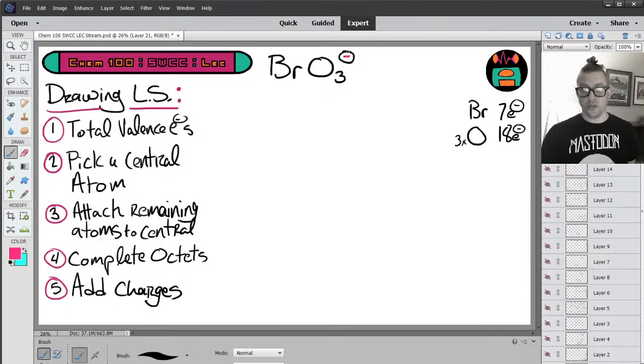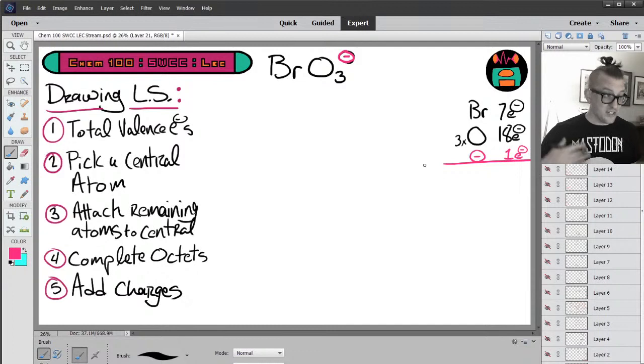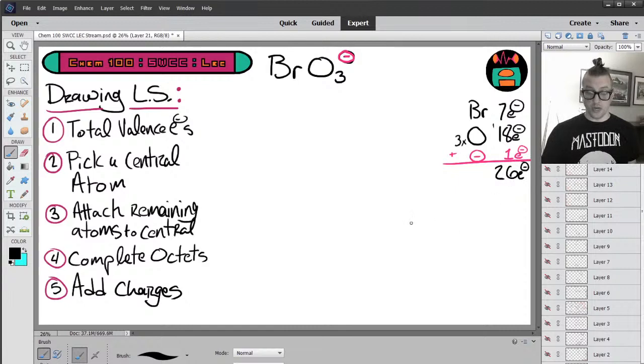We have a charge of -1. That charge of -1 adds one extra electron to the mix, giving us a total of, let's see, 7 plus 1 is 8. 8 plus 8 is 16. Carry 1, so 26 electrons are in our budget.